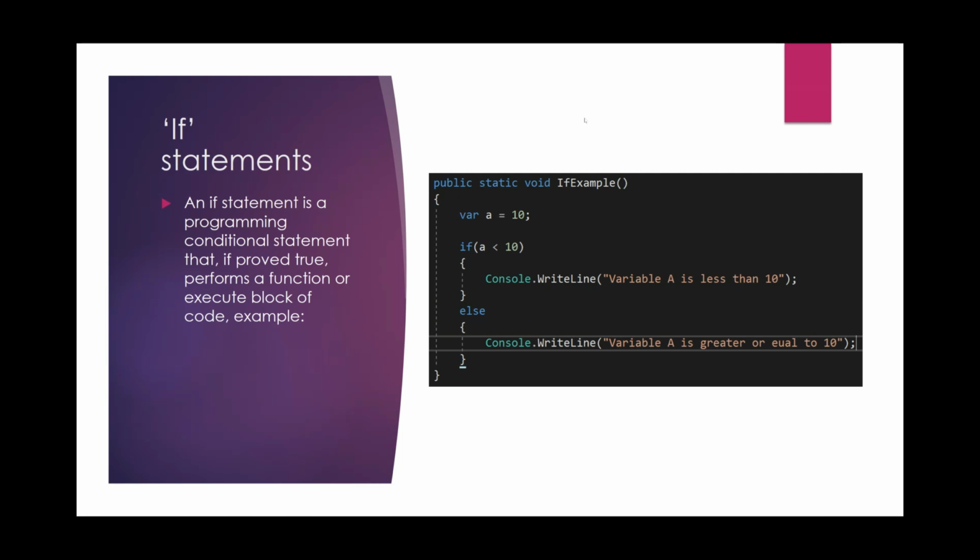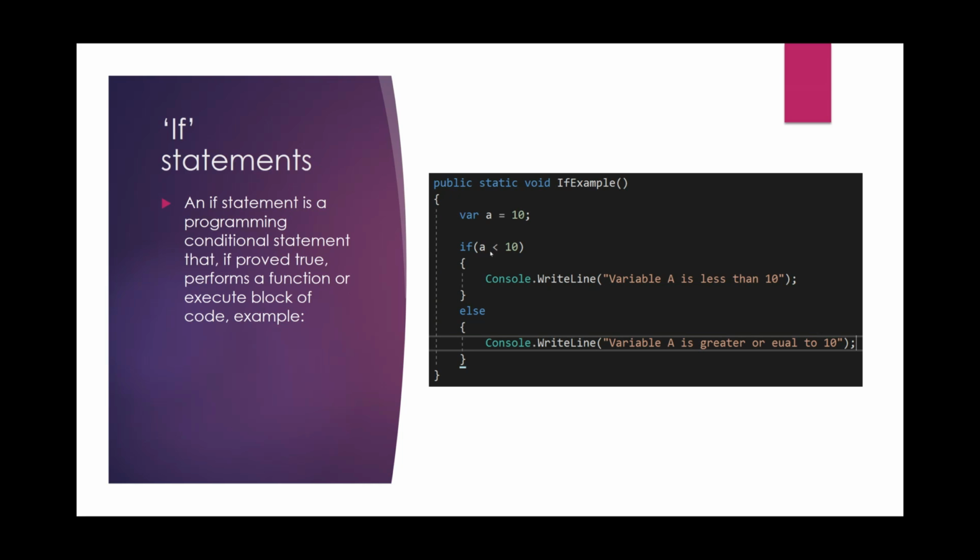In our application, we also use if statements. An if statement is a programming conditional statement that, if proved true, performs a function or executes a block of code. And this is an example. I created a small method, if example, where I defined the variable a and assigned the value 10.